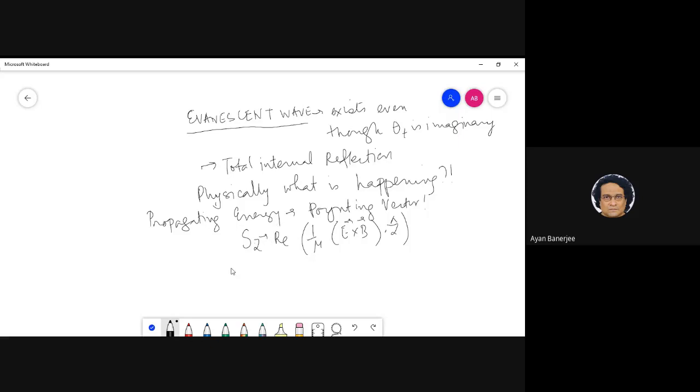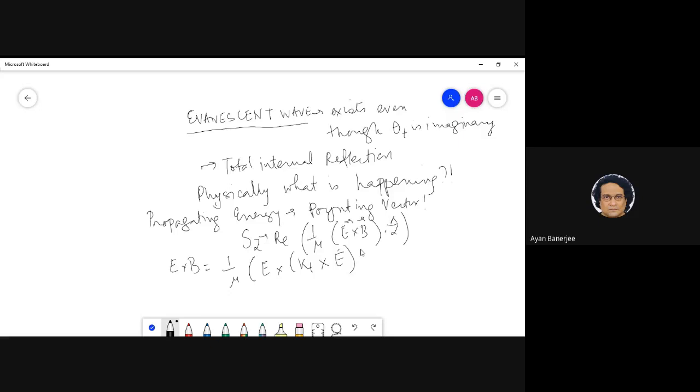Anyway, so let us find this out. This you agree with, right? This Z component of the E cross B is what we are interested in. So basically this E cross B means 1 by mu E cross (KT cross E).